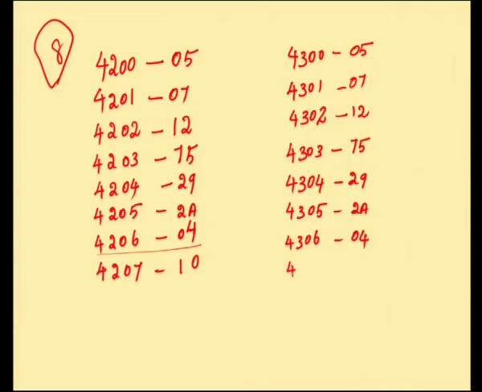Now the last data, 4307 will have the data 10, right. So completely the 8 data from 4200 to 4207 is to be transferred to 4300 to 4307; that is the logic. This is a block transfer, one set of data transfer from source to destination.